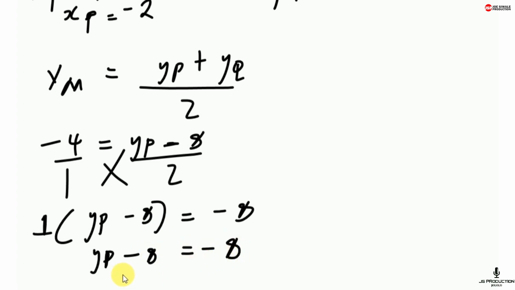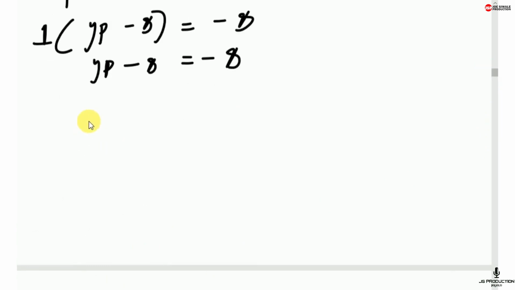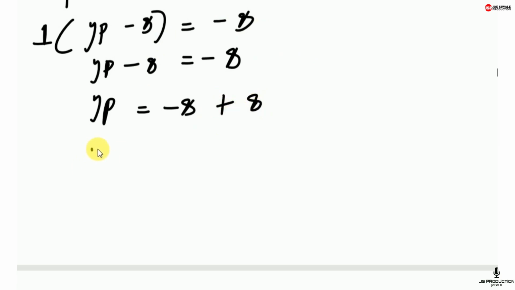And from that we can collect the like terms. We can say yp is equal to -8 plus, when -8 goes to the other side, it will be positive there, so plus 8. So yp is equal to 0.